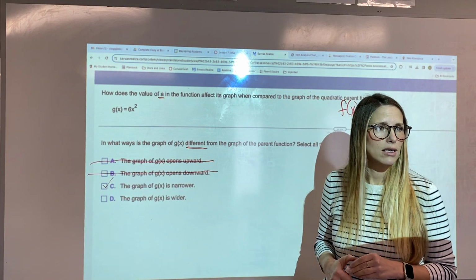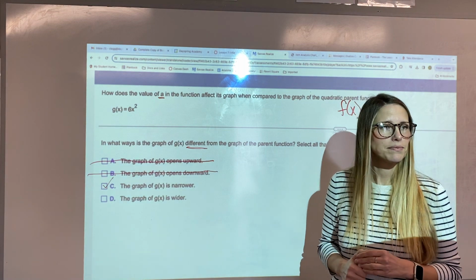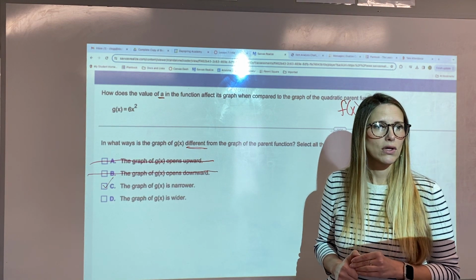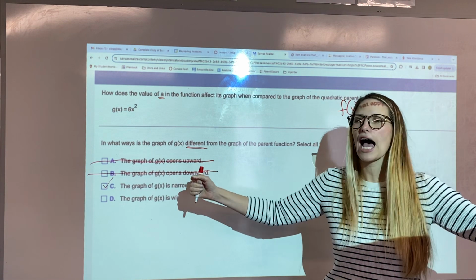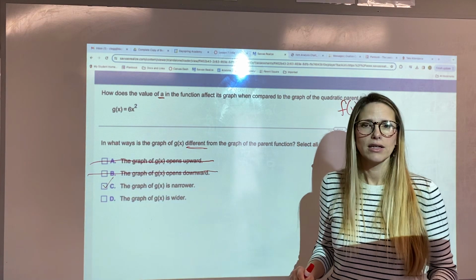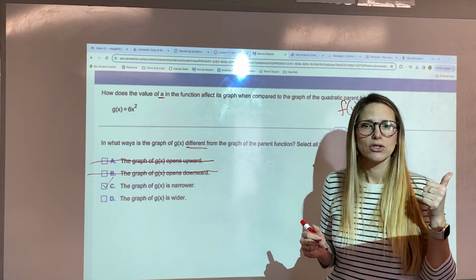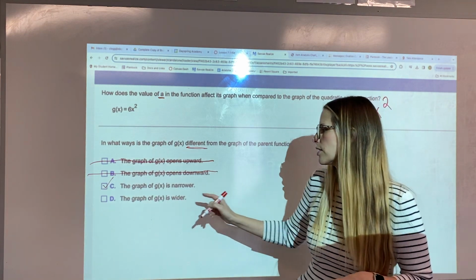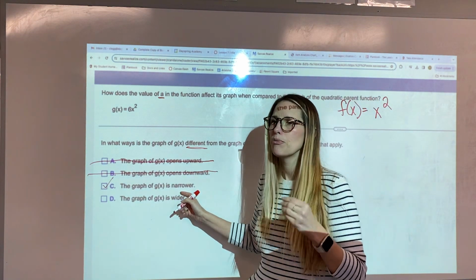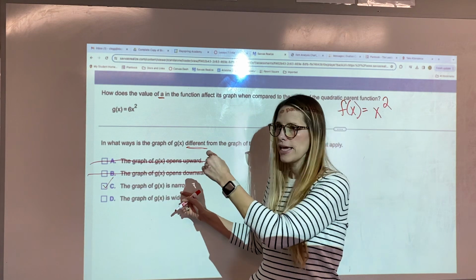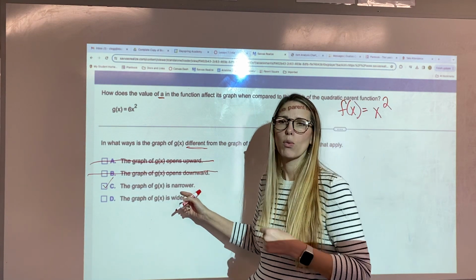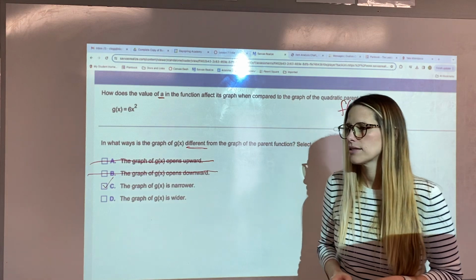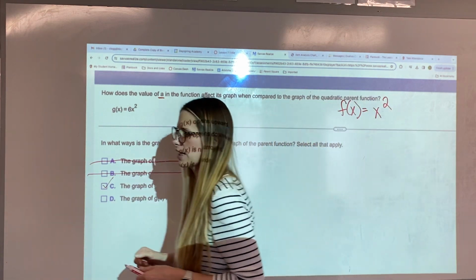Yes? I don't know how to explain it. Yeah, go ahead. It would be narrower because A is higher than 1. That's all you have to put. I love that. That is a way to show work. So all you have to write is the correct answer is narrower because A is greater than 1. That's perfectly showing work with an explanation.